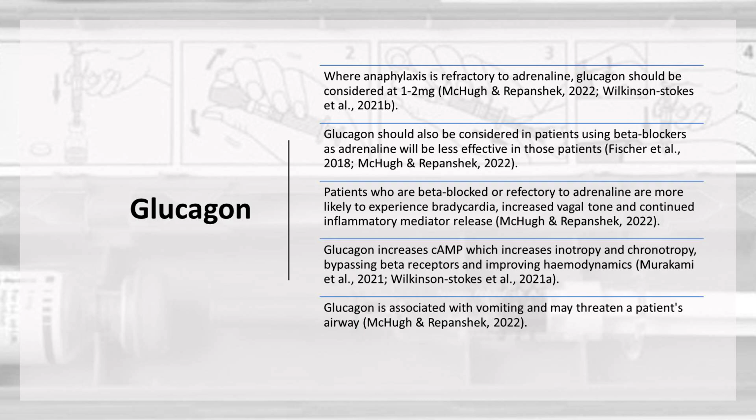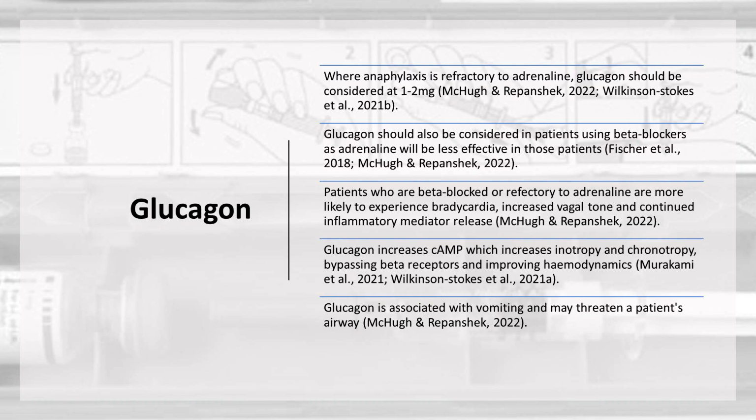Glucagon bypasses beta receptors and increases cyclic AMP, which in turn increases inotropy and chronotropy. Patients who are beta blocked, or those that are refractory to adrenaline, are more likely to experience bradycardia, increased vagal tone, and continued inflammatory release. In these instances, glucagon is linked with improved hemodynamics.